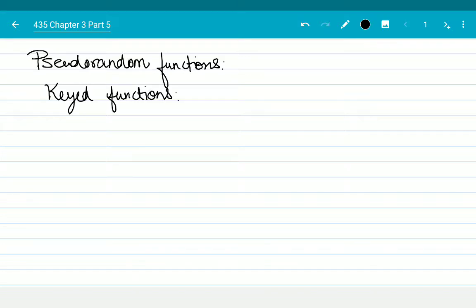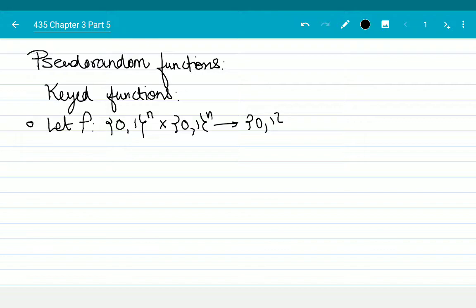Let F be a deterministic function from {0,1}^n × {0,1}^n to {0,1}^n, an efficient deterministic algorithm.